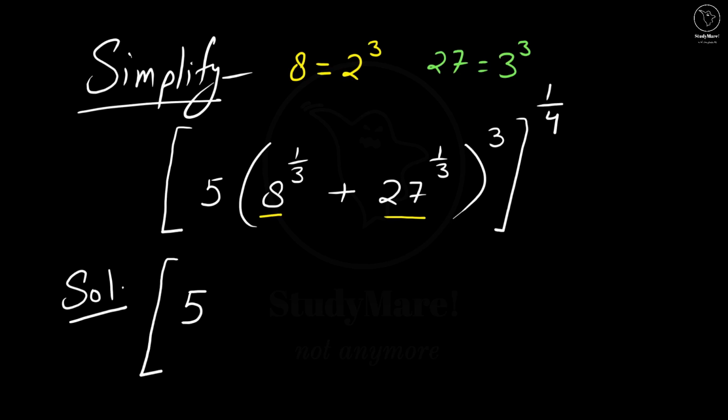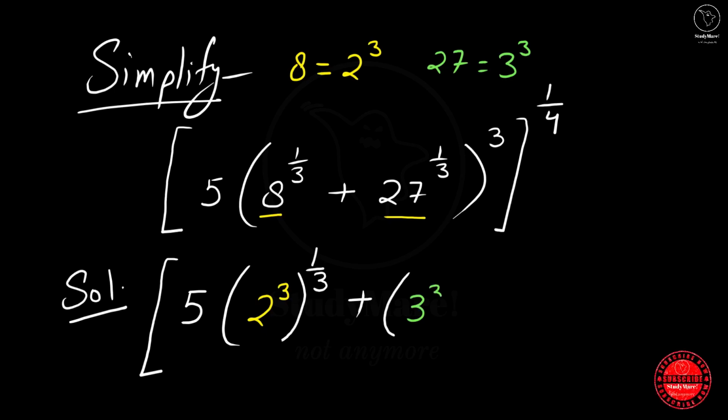5 we already have. Instead of 8 we can write 2 to the power 3. We already have the power 1 by 3 over here, plus 27 can be written as 3 to the power 3.